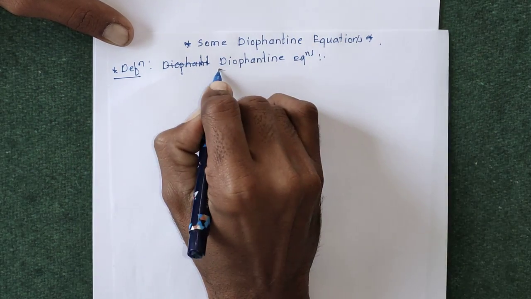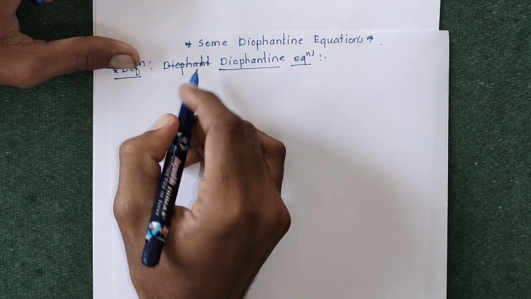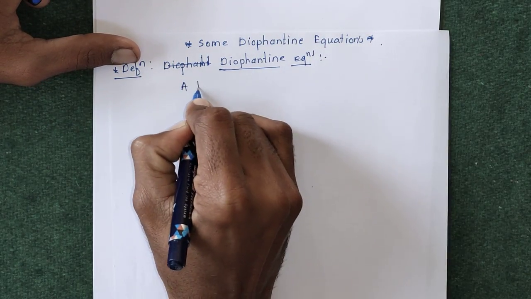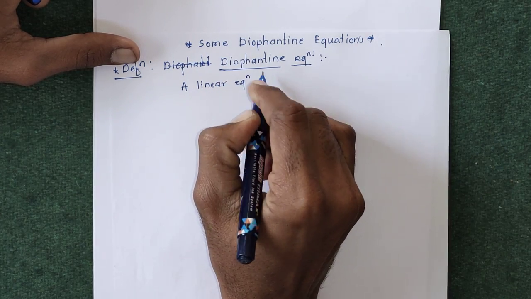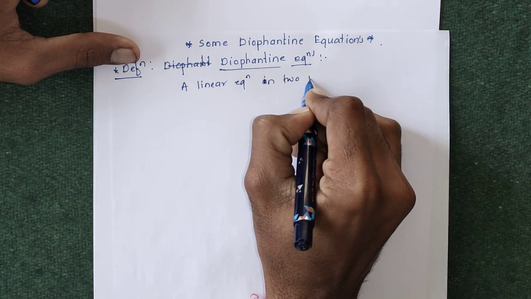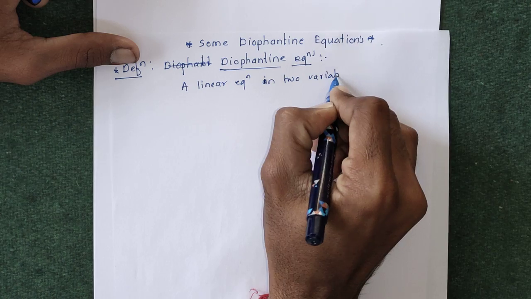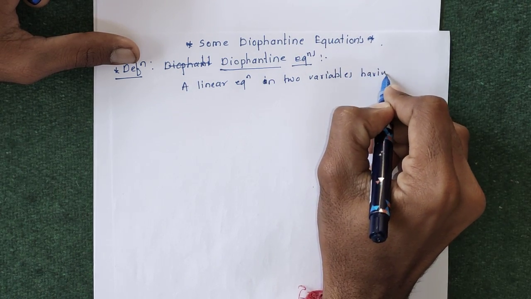Definition of Diophantine equation. The equation of the form ax plus by equals c is called a Diophantine equation, or a linear equation in two variables having integral coefficients.